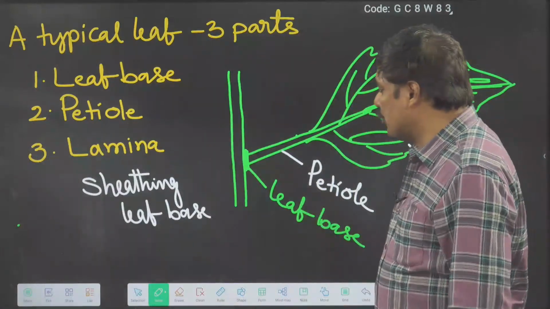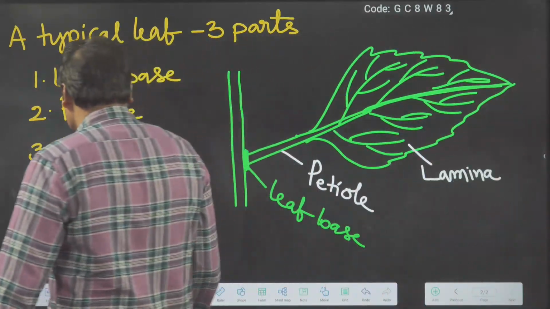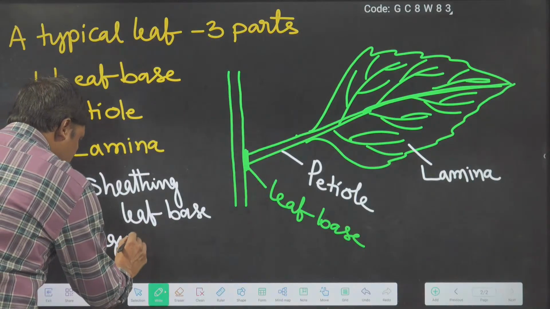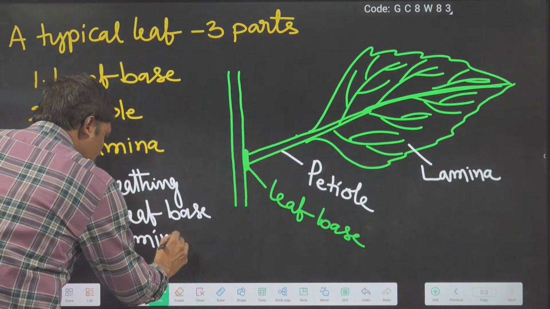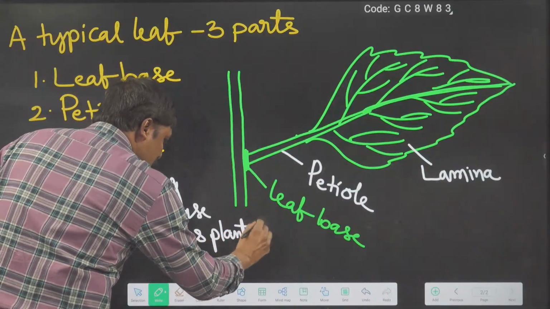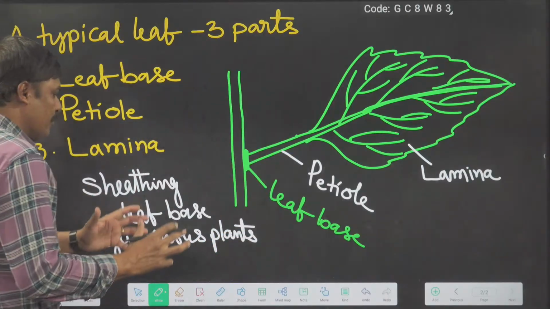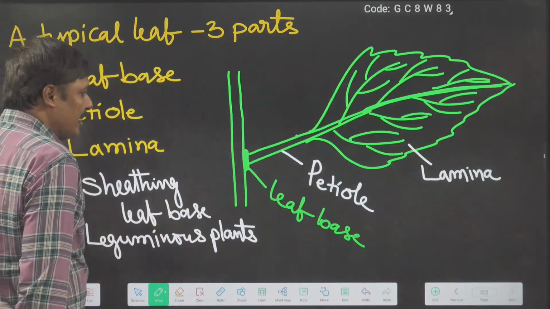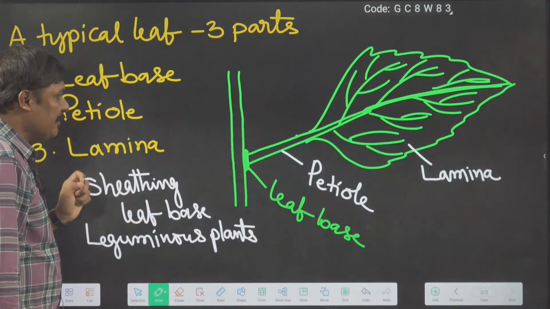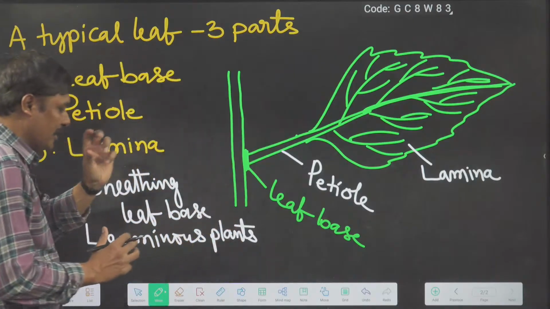In some leguminous plants, not in all, the pulse plants, such as red gram, green gram, Bengal gram, horse gram, the leaf base is swollen.